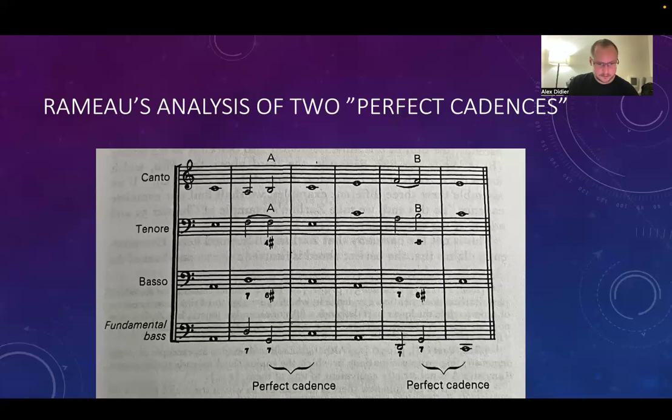There seems to be a staunch division between the German and French understanding of tonal harmony. However, neither system can explain all forms of music.